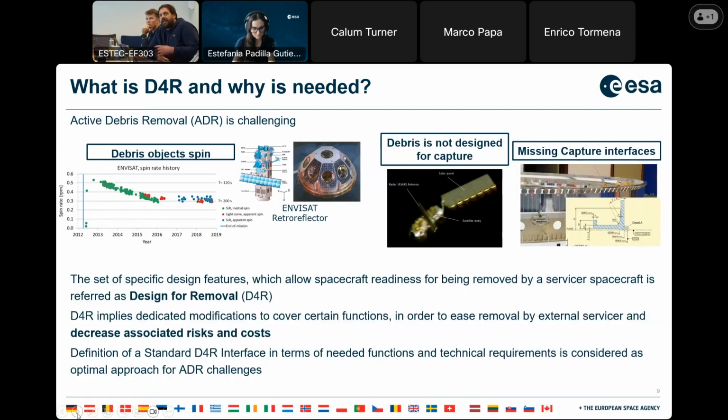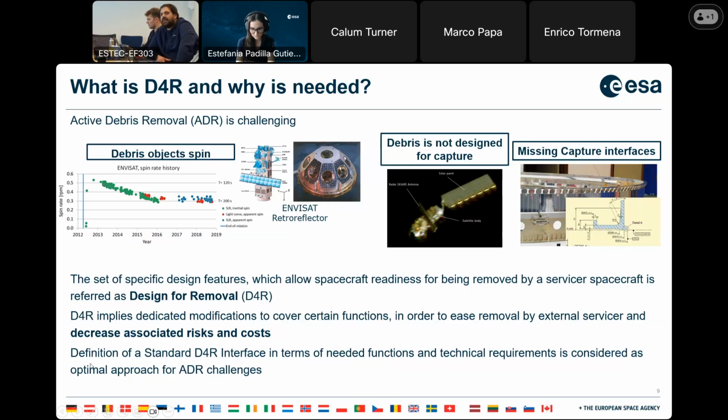Going into more detail on the requirements, first of all, to answer one of the most important questions addressed in this webinar: what is D4R? D4R stands for design for removal, and it means the set of very specific design features that allow the spacecraft to be ready to be removed by a servicer spacecraft.